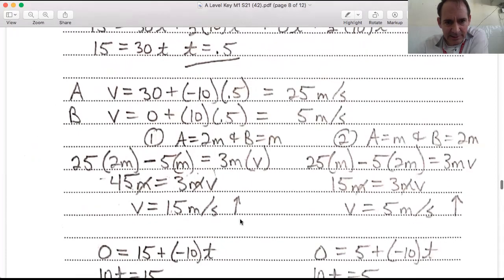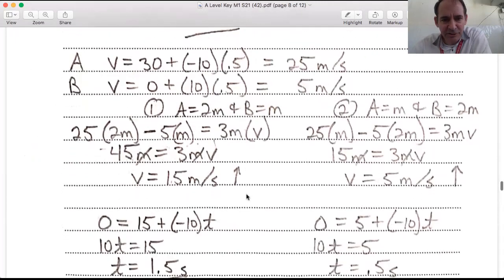Scenario number 2 is that A is M and B is 2M, B being 2 times the mass of A. That's our 2 different scenarios. It says one is twice the other, but it doesn't say which one is which, and this is what creates our 2 scenarios.